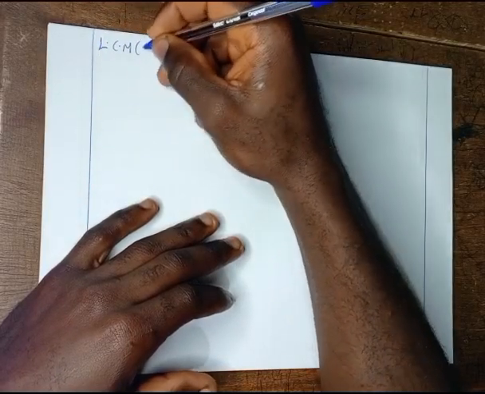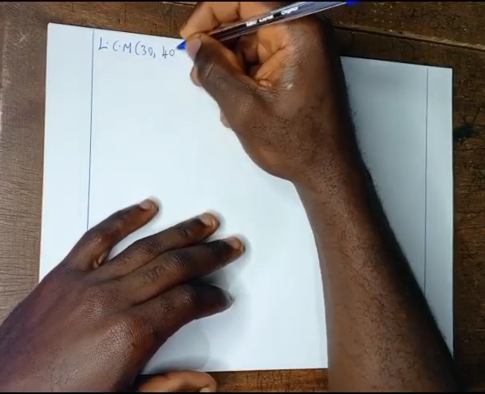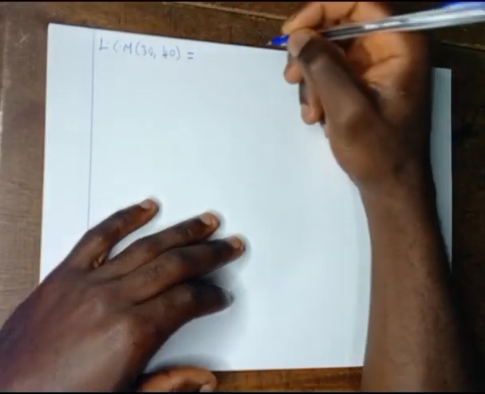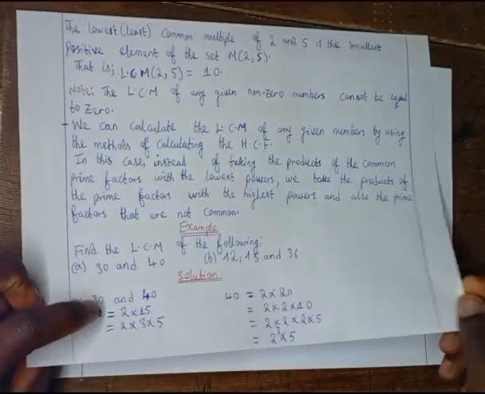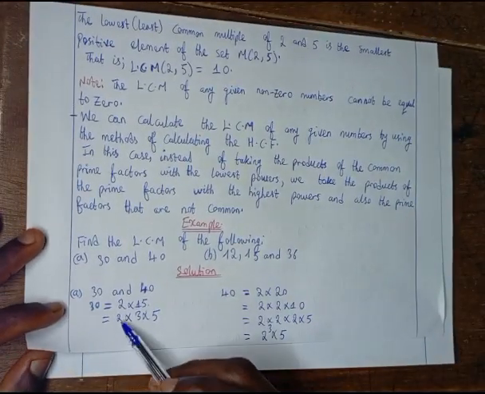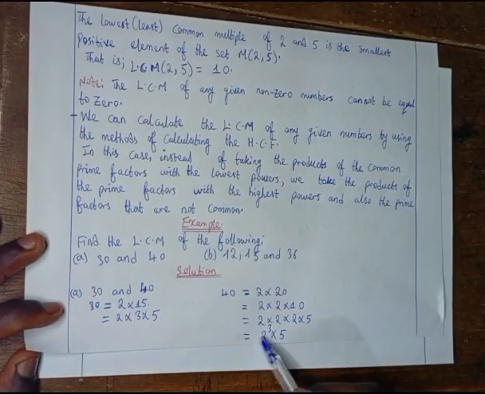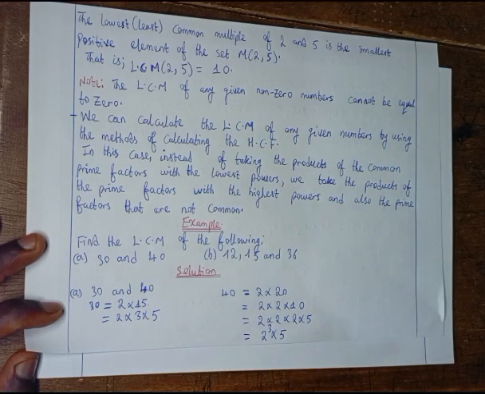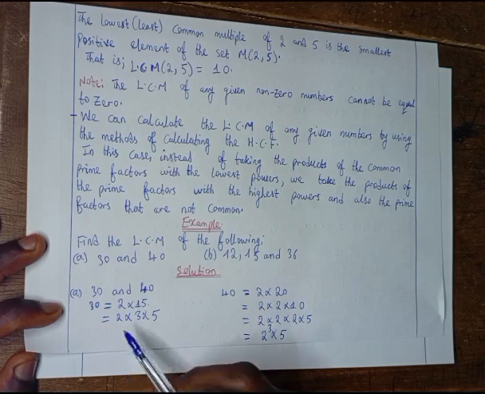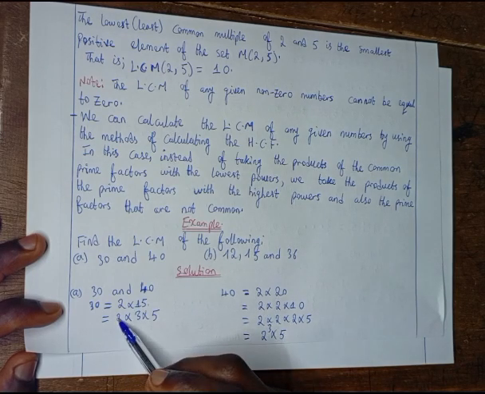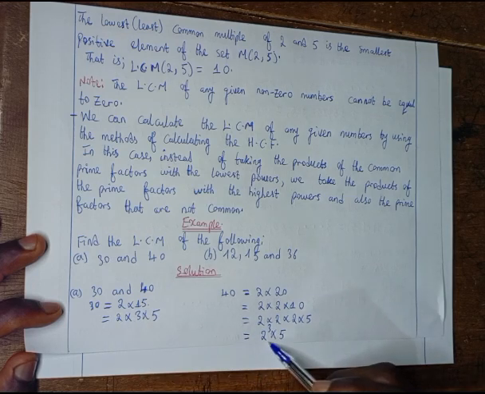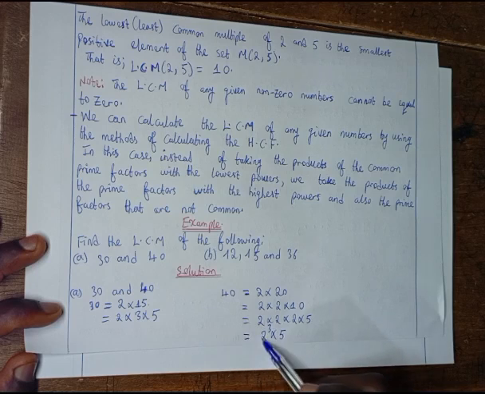The LCM of 30 and 40 is simply equal to, we are going to look at the prime factorization of the two numbers. The prime factors which are common, we have 2, 2, 5, 5. Then we are going to take the prime factors which are common with the highest powers. Here 2 is to the power 3, so we are going to take 2 to the power 3. Here 2 is to the power 1. The 5s are to the power 1, so we are going to take times 5.